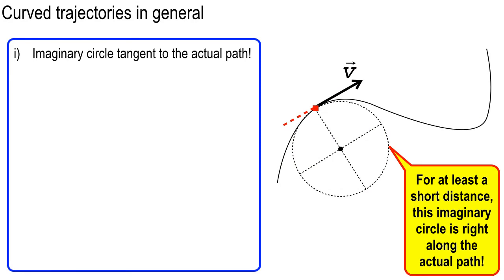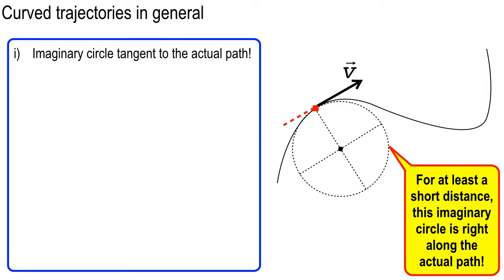Just by way of review, one of the things we talked about was the idea of an imaginary circle that's tangent to the actual physical path. You visualize it and say to yourself that, for at least a short distance, that imaginary circle is right on the path.